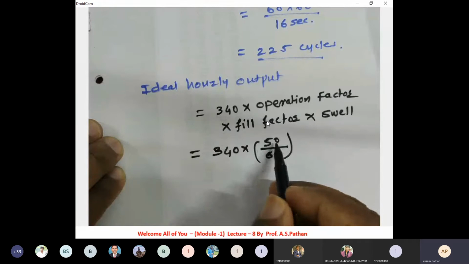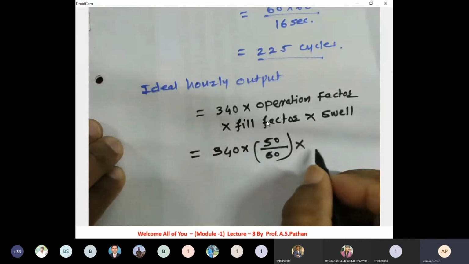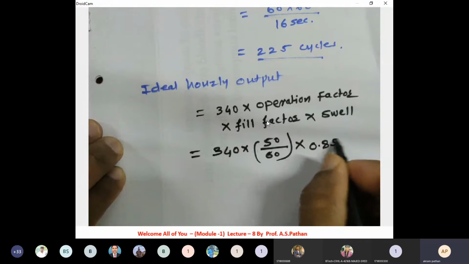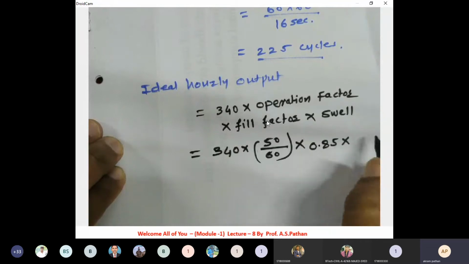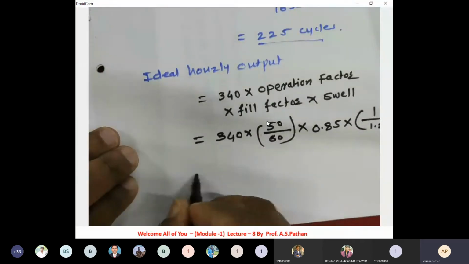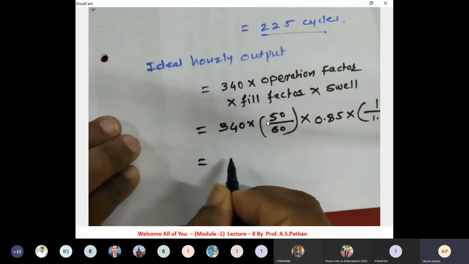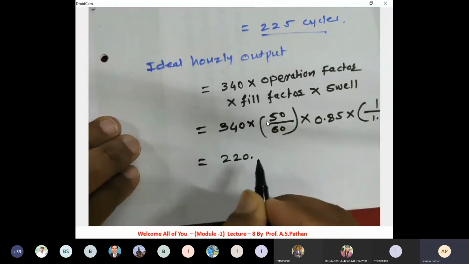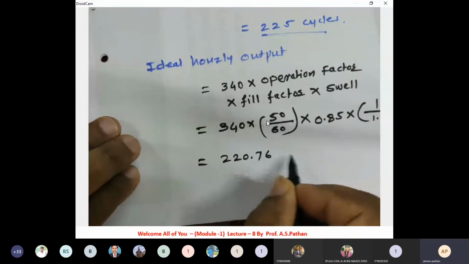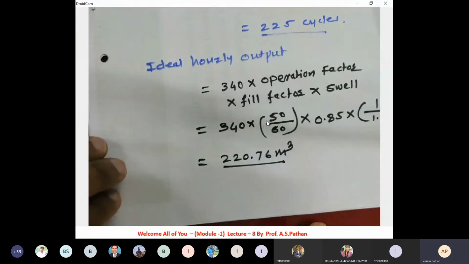So we take 50 by 60, into 0.85, the fill factor given, into swell, which is 1 divided by 1.20. So the ideal hourly output, if you calculate, is 220.76 meter cube.